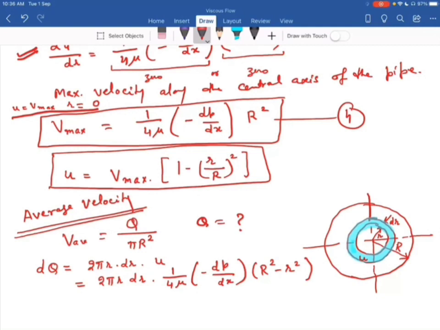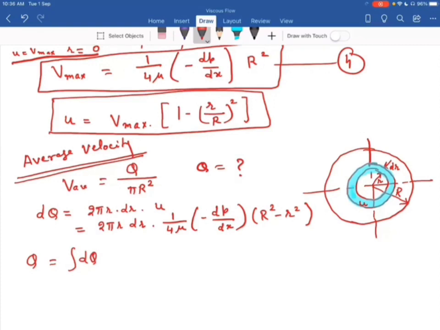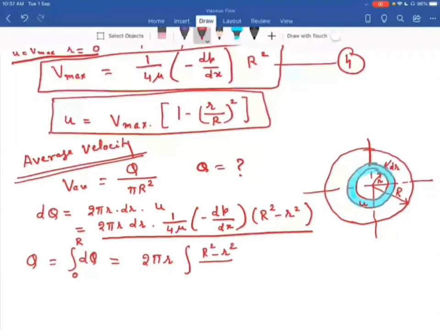Now I find the total discharge Q, that is the integration of dq. The limits are as small r varies from 0 to capital R. So I integrate this relation. 2 pi is constant, outside, with R square minus r square divided by 4 mu, then minus dp by dx.